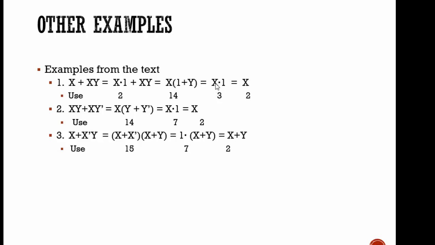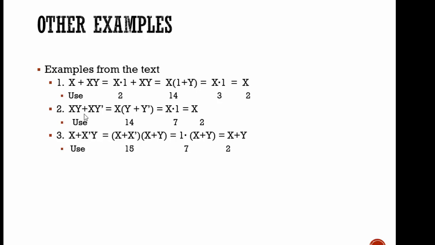That's why you now have x and 1, and finally the equivalent of this is x only. Imagine you have x plus xy and simplified it to just x. That's how amazing simplification can be.